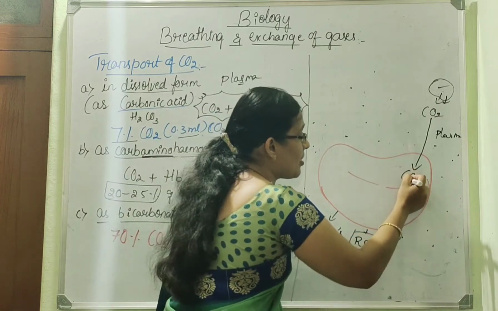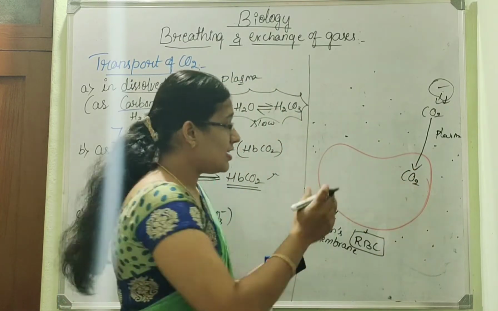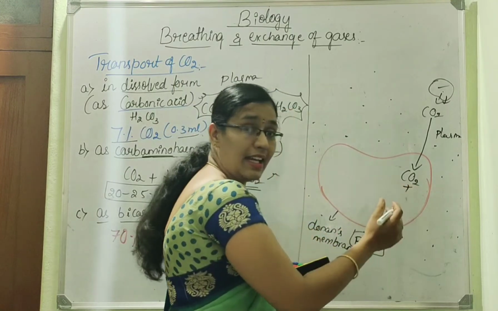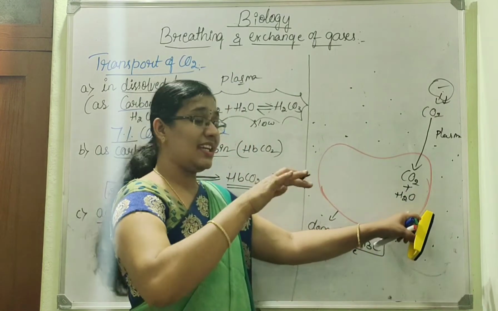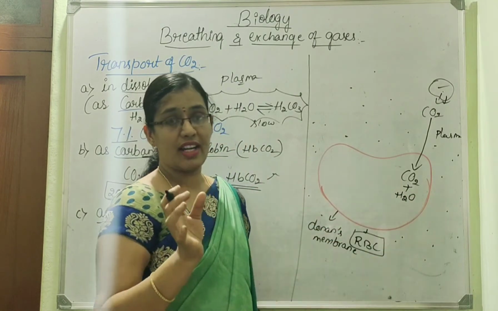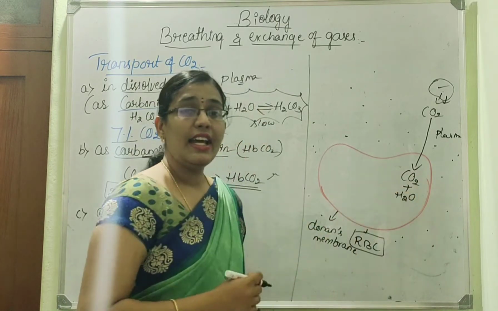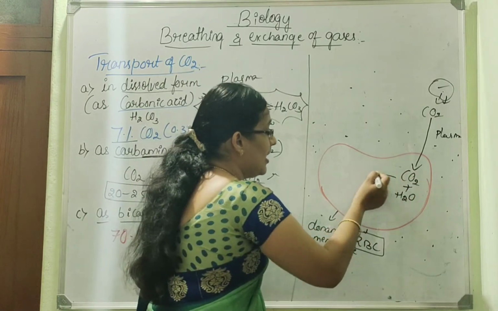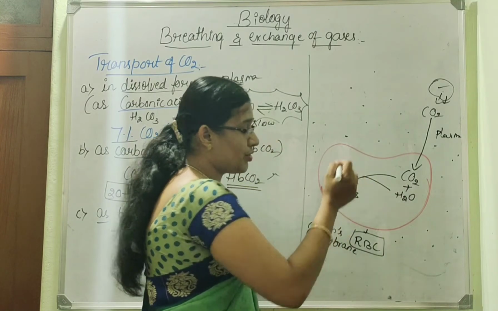When this carbon dioxide diffuses inside the RBCs, it reacts with the water present inside the RBC. So now this carbon dioxide combines with the water to form H2CO3.